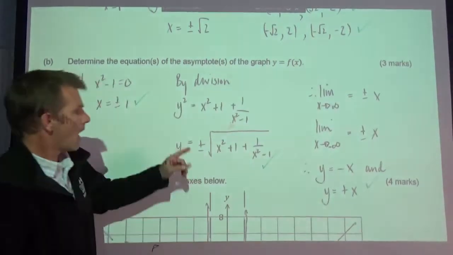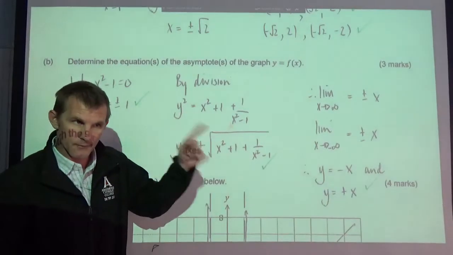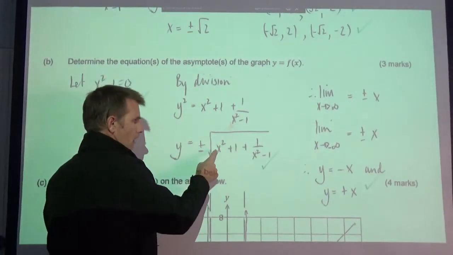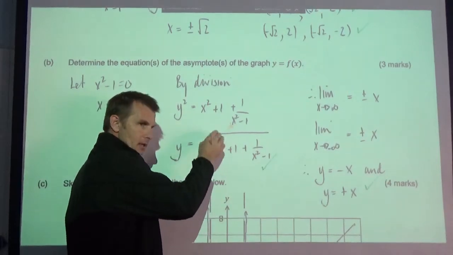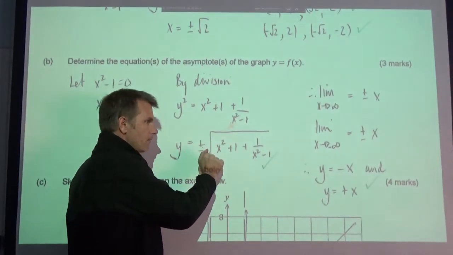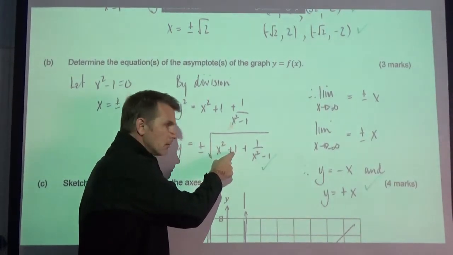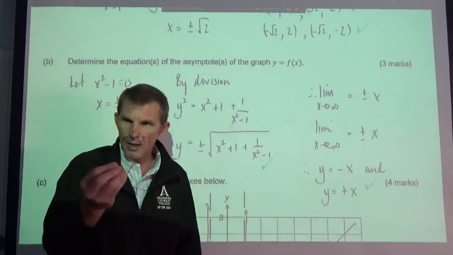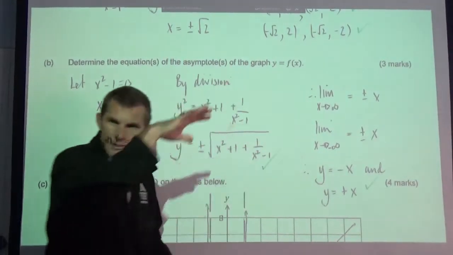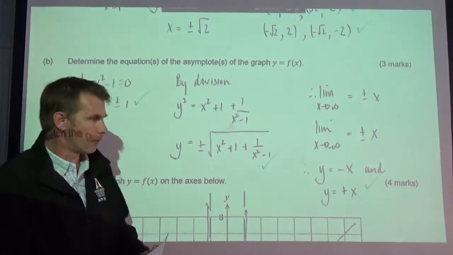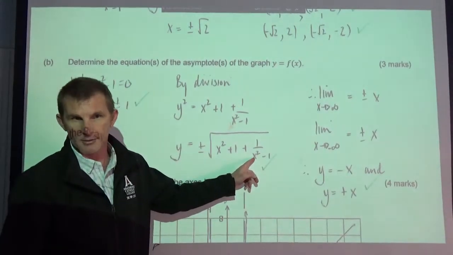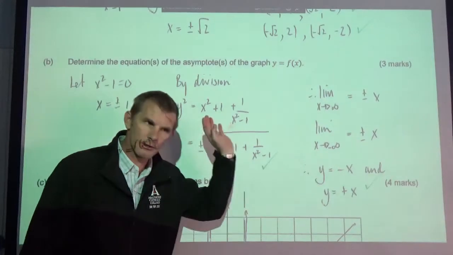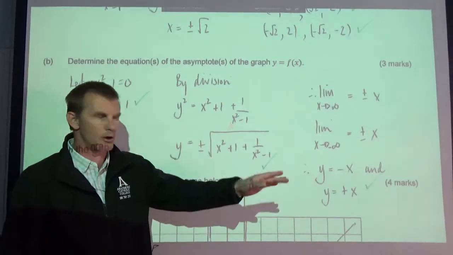Think about this. As I go to large values of x, I'm on the extremes of the graph, I'll get a really large number here, just leave it as x squared for the moment, plus a tiny number. This part here, as x squared gets larger and larger, that thing gets smaller and smaller, doesn't it? To the point where, if x is 1,000, then this part here is tiny. So I just literally forget about it. It's so tiny, don't worry about it.